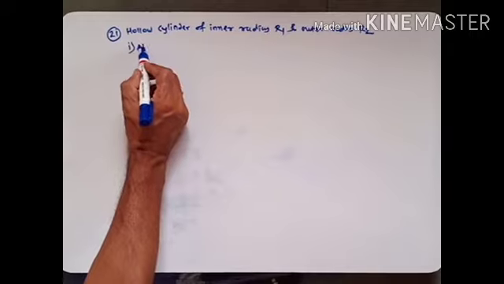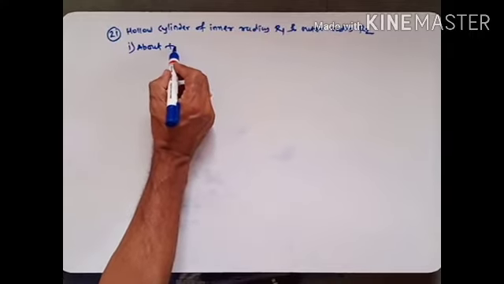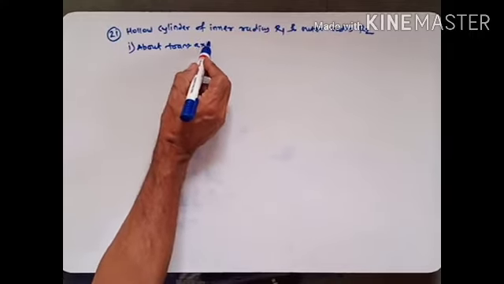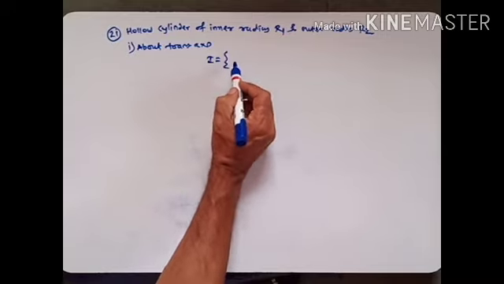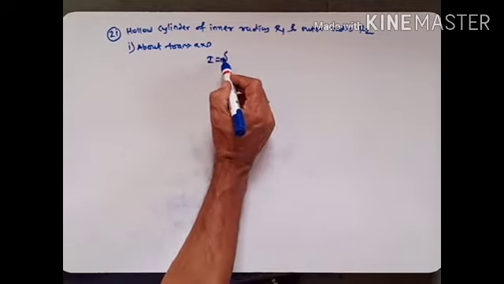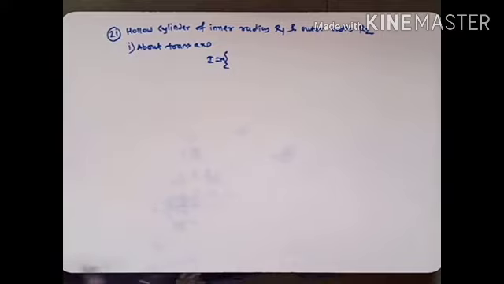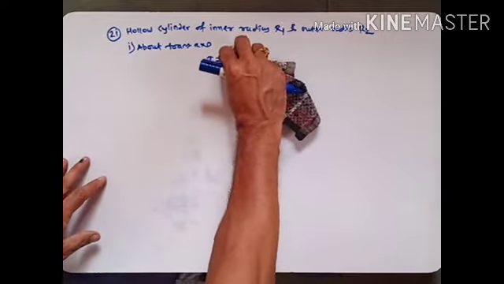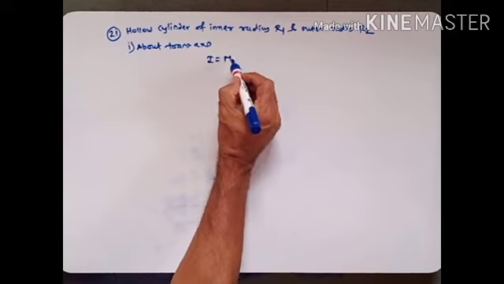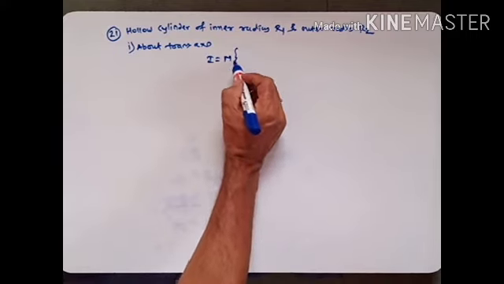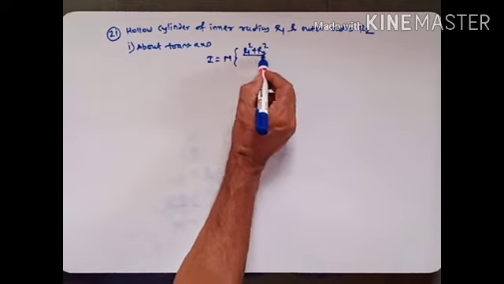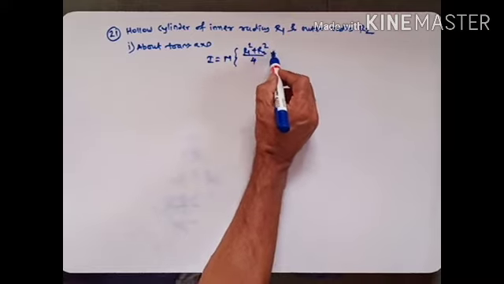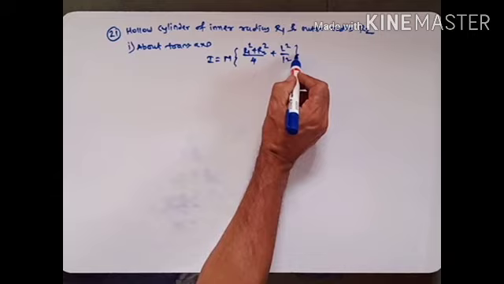First, about transverse axis, I is equal to m into bracket r1 square plus r2 square upon 4 plus l square upon 12.